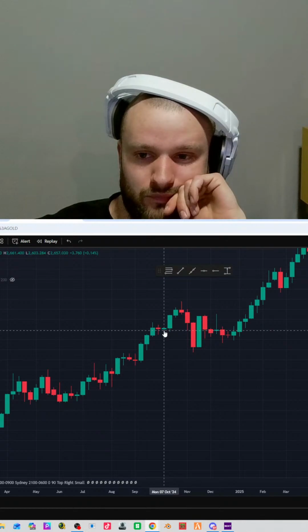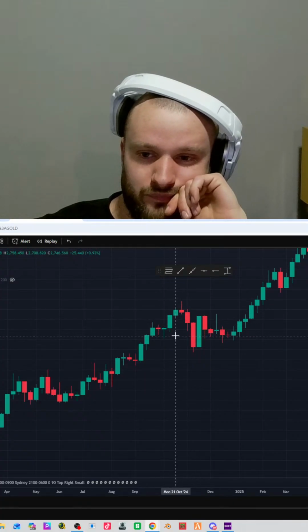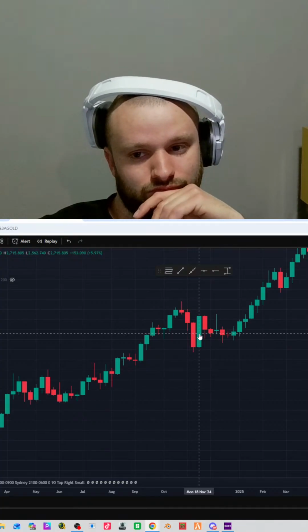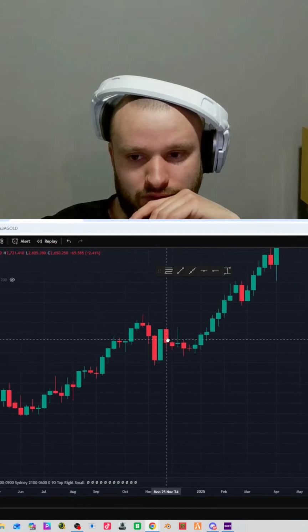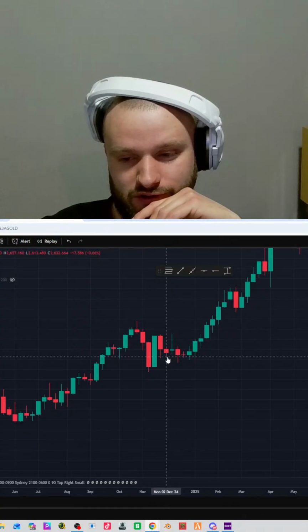Going up. Going down. Broke structure. Then went up. Going down. Then going up. And didn't break here.